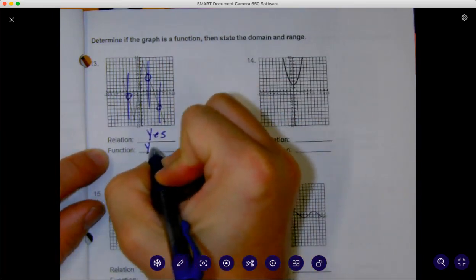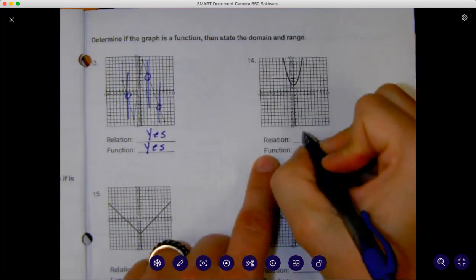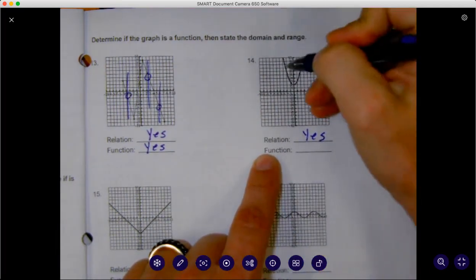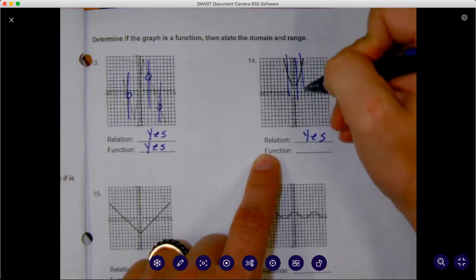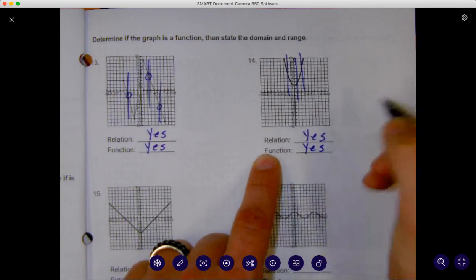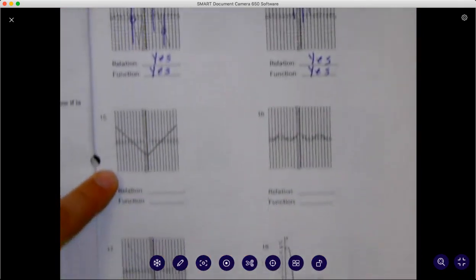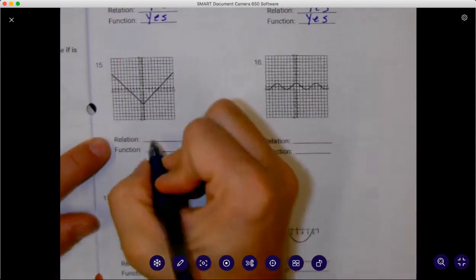So is that a function? Yes, it is. That's a function and a relation. Is it a relationship? Yes, everything is. This guy passes, this guy passes, this guy passes. So that is a functioning relationship also. 15. Is this a relationship? Yes.